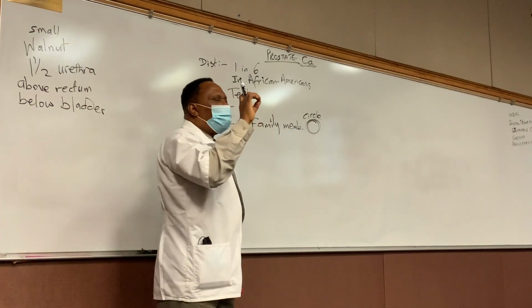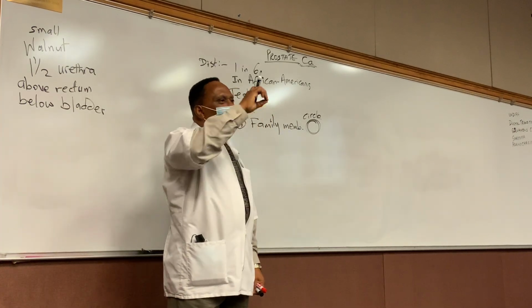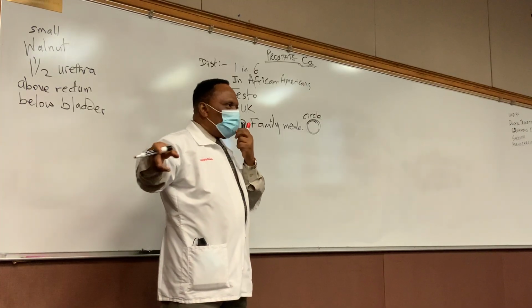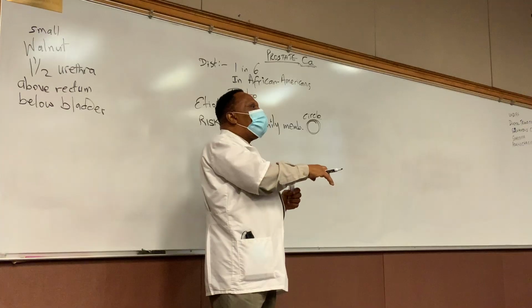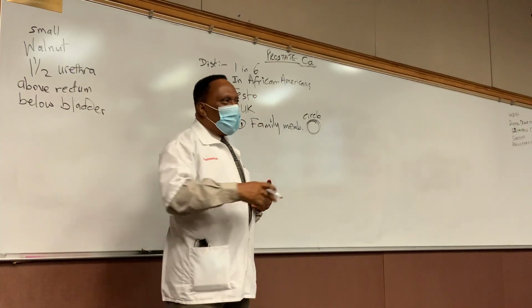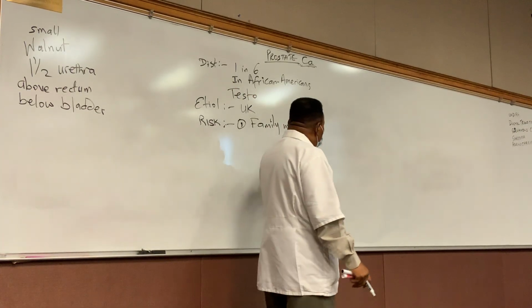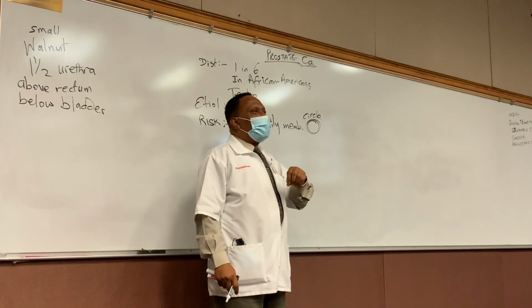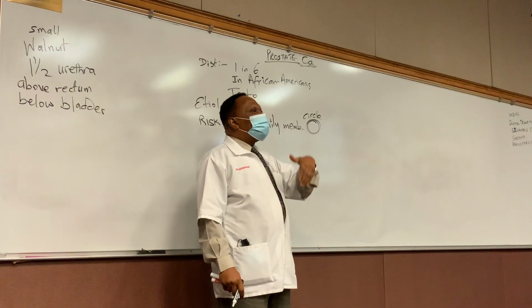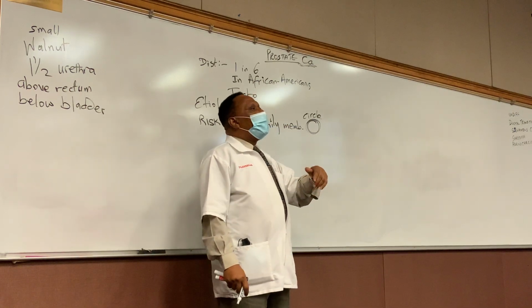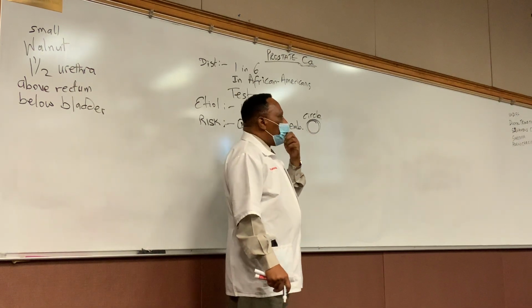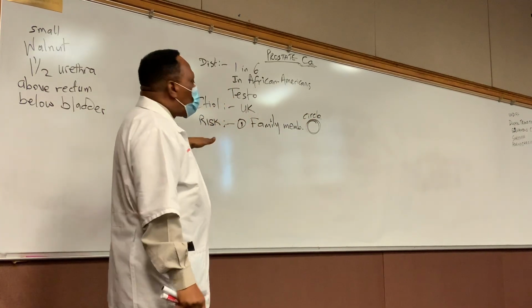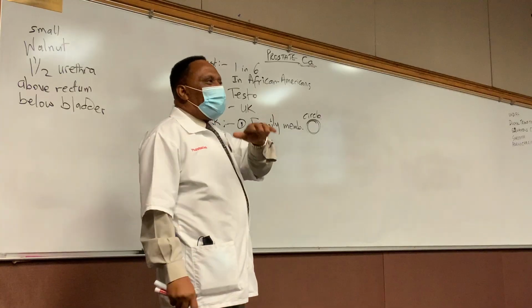And the age at which that family member got it also matters. The earlier, the worse. In other words, if that first member of the family that had prostate cancer got it at say 45, 50, your chances of getting it are increased, as opposed to if the first member got it at 70.